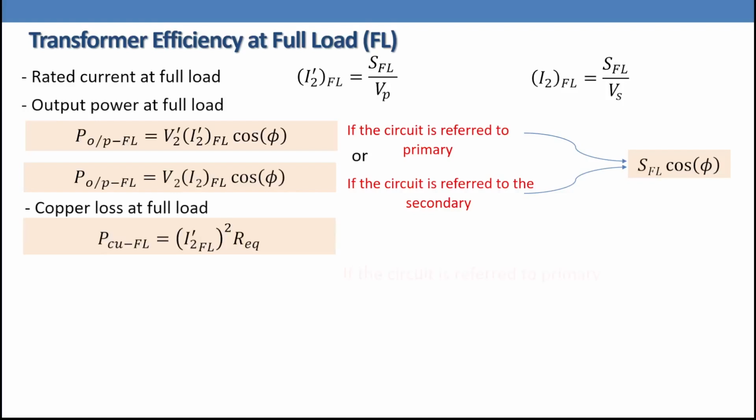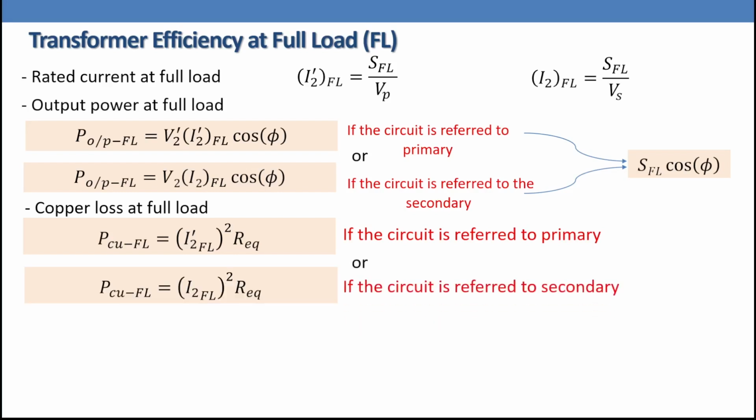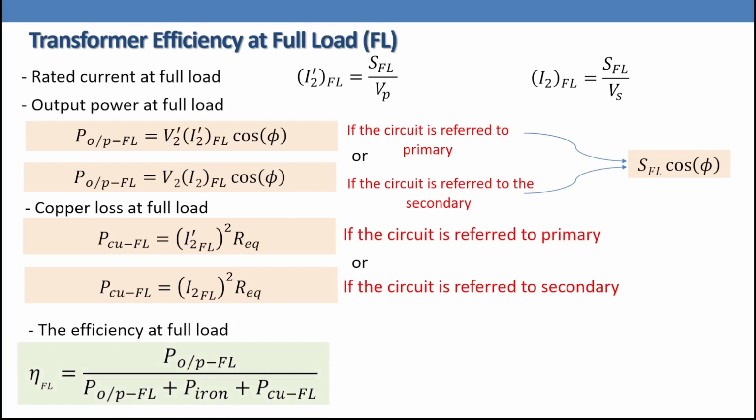Copper loss at full load equals I2' full load square R equivalent if the circuit is referred to the primary side, and equals I2 full load square R equivalent if the circuit is referred to the secondary side. So we can rewrite the efficiency equation as eta equals P out full load over P output at full load plus P iron plus P copper full load.